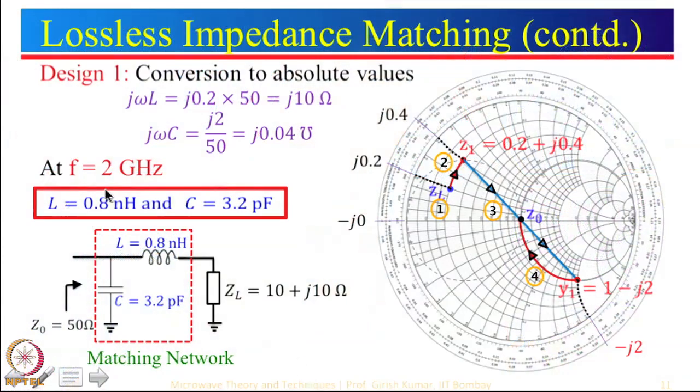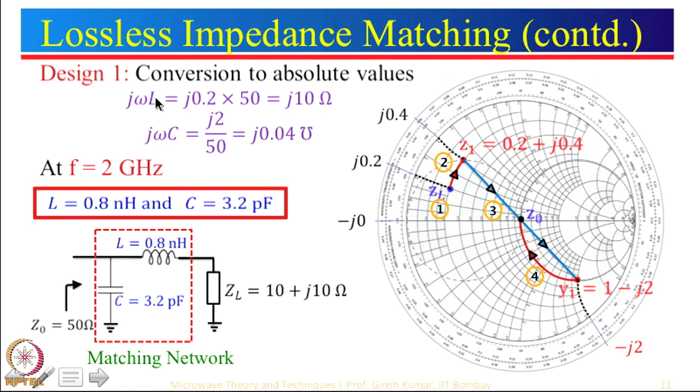Let us see even at 2 gigahertz what these values are. Okay. So we now put frequency as 2 gigahertz. Omega is equal to 2 pi f. Do not put f as 2 gigahertz here, this is not correct; omega is 2 pi f. So 2 pi into 2 gigahertz will be about 10 to the power 9.